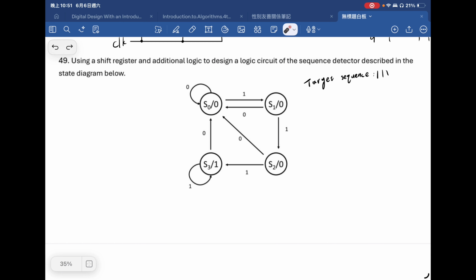If the next input becomes 0, the sequence is interrupted, so the circuit will return back to state 0. Therefore, from the state diagram, our target sequence is 3 consecutive 1s.